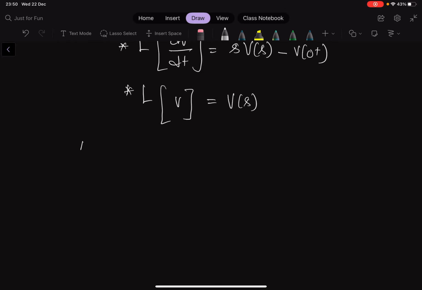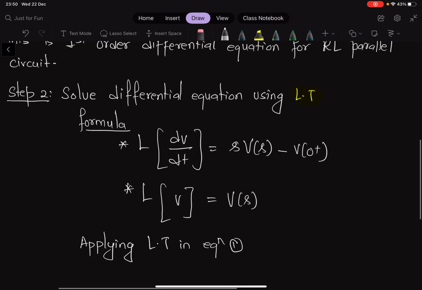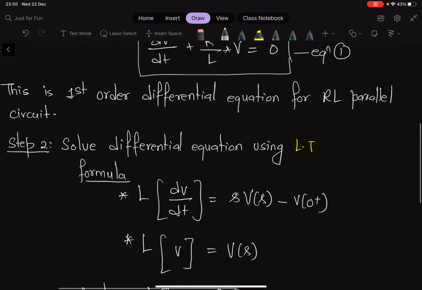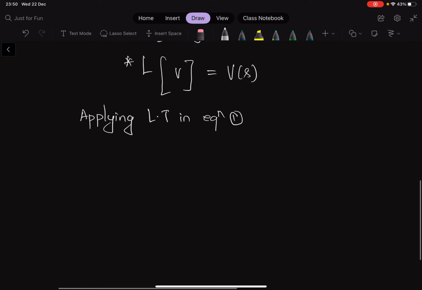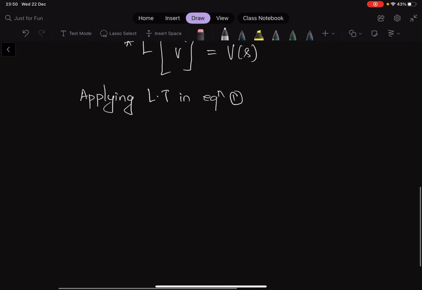Now let's apply, because that is what we are going to do in step 2. Applying Laplace transform in equation 2. Is it equation 2 or 1? Equation 1. So what is our differential equation? I'm going to write that differential equation.